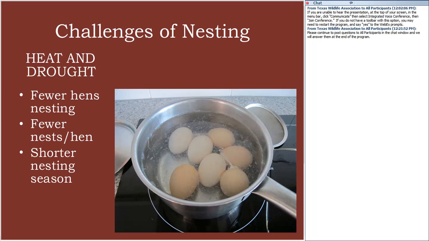So not only is the effort lowered, but the time that they have to breed is shortened as well. For the eggs themselves, you tend to see lower egg production, lower hatchability, and overall lower survivability of the embryos. So with all those factors combined, it can lead to a rather subpar breeding season.